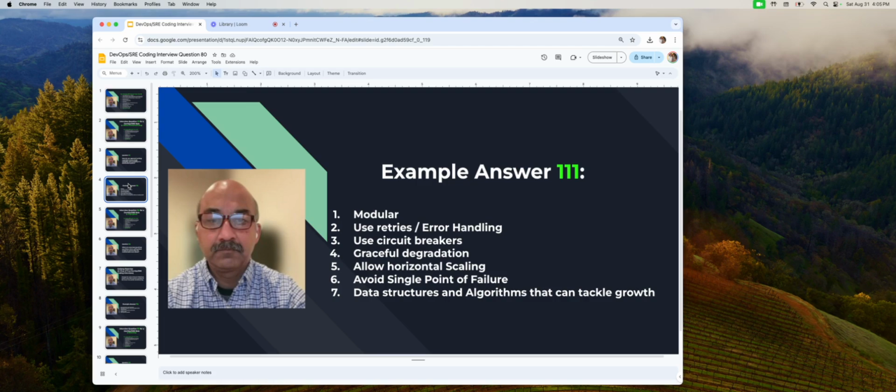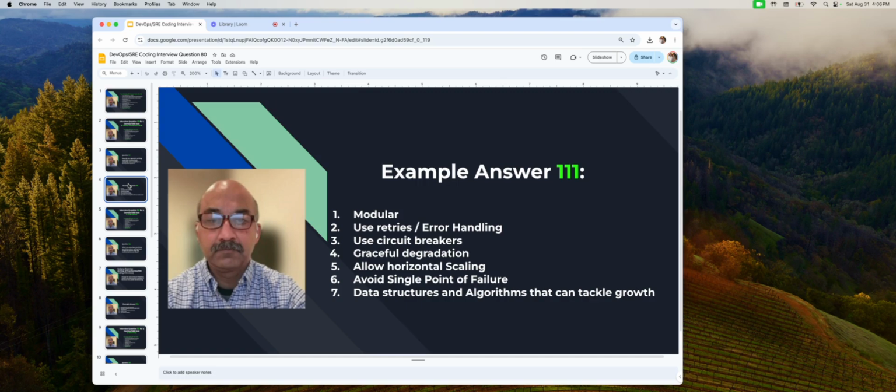So let's say you go from 100 users to 100,000 users. Your code should not fail because you chose a data structure that could not scale, or an algorithm that did not work well in a scaled up environment.